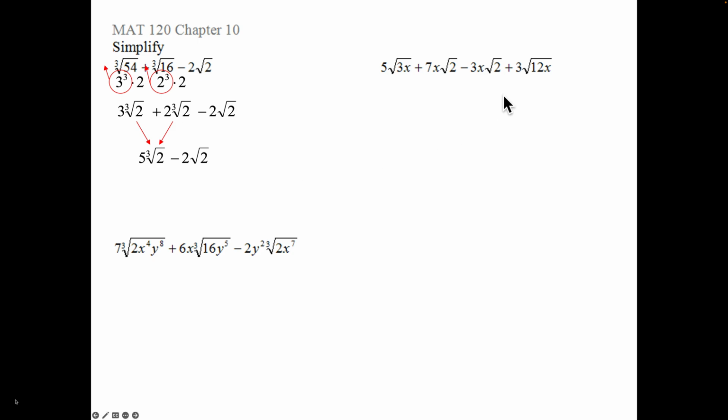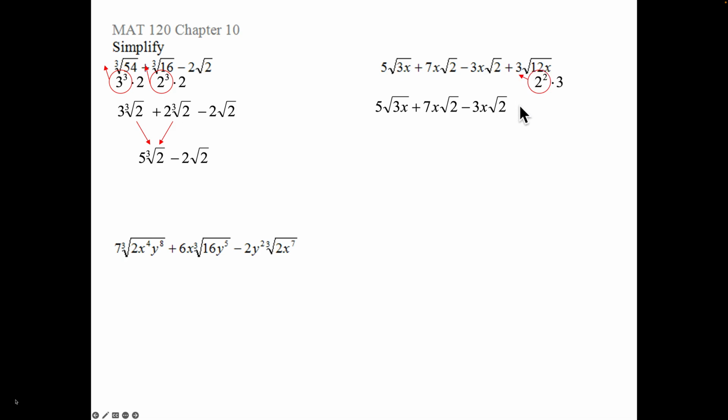All right, my next example over here. Can't simplify any further, can't simplify any further, can't simplify any further. This one, however, we can break the 12 down to 4 times 3, which is 2 squared times 3. So 2 is going to be multiplied to the 3. The square root of 4 is 2.